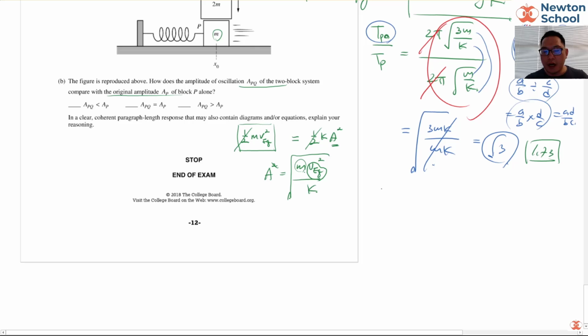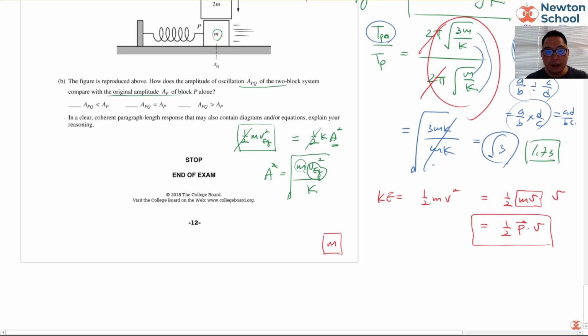I'll prove why. If you look at kinetic energy, which is 1/2 mv squared, that's basically 1/2 mv times v. Sometimes you actually use this expression. This mv is actually momentum, so it's 1/2 momentum times v, right? This is a good way to analyze collisions.